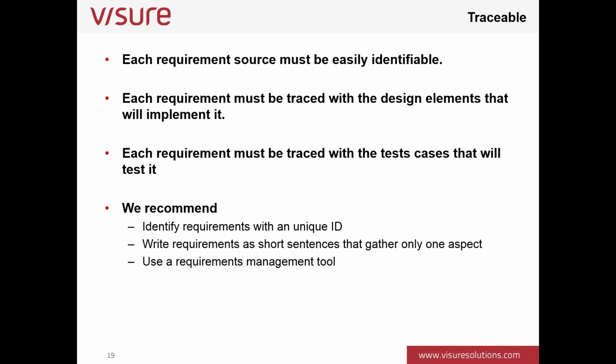And here it's super helpful to have a requirement management tool that is going to help us to keep those traces and to really get the potential of those traces. Okay, we can of course and we must trace always, even if we are working with an Excel document or a Word document, but it's going to be easier to trace in a professional requirements tool. We will be watching that in future webinars. Okay.